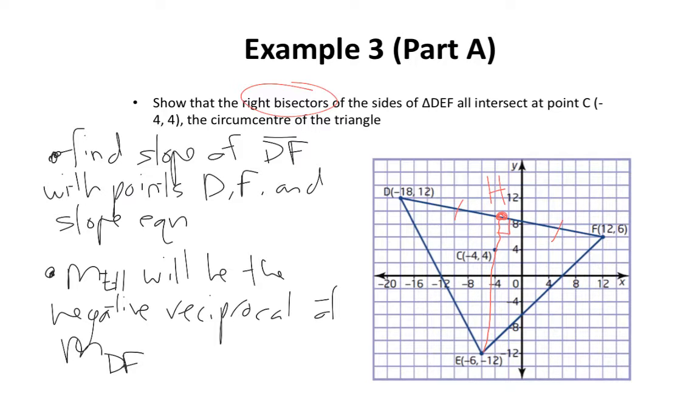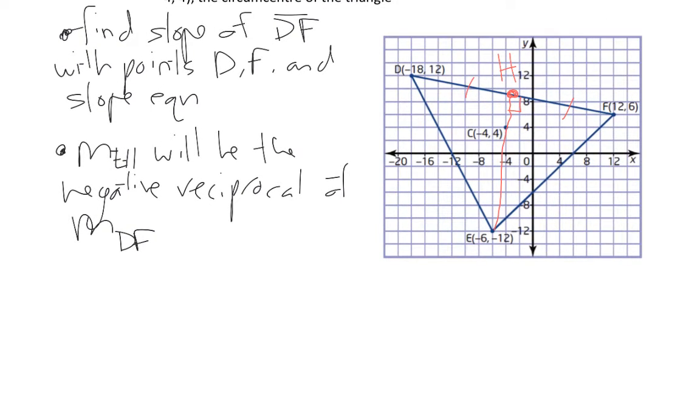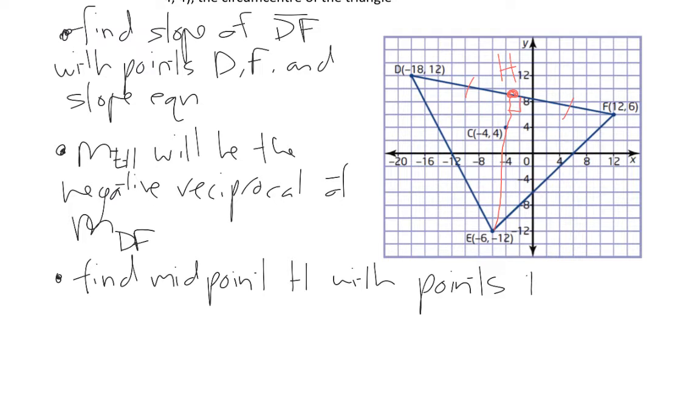Our next step will be to find the coordinates of H. That should be pretty simple. So let me write a step for that. Find midpoint H with points D, F, and the midpoint equation.